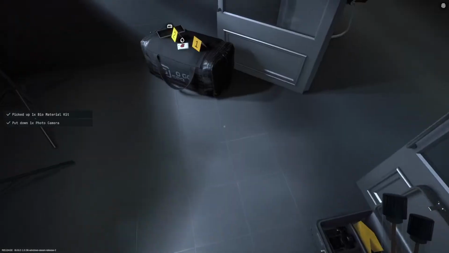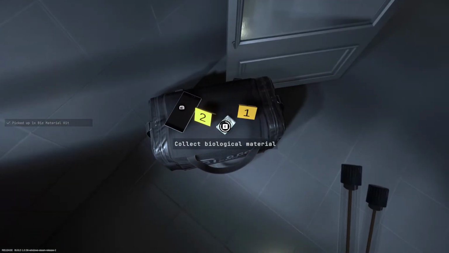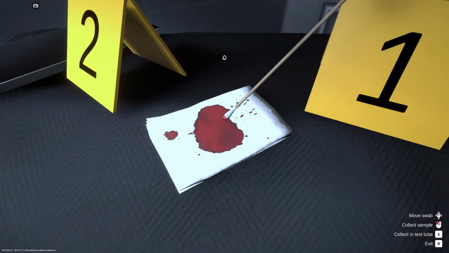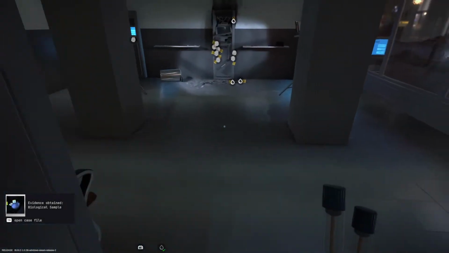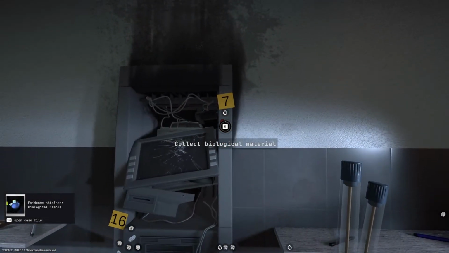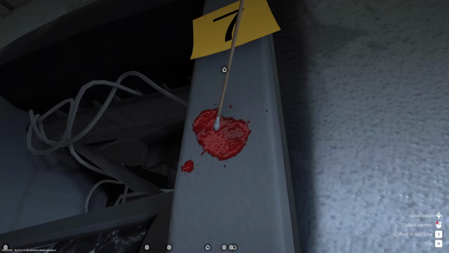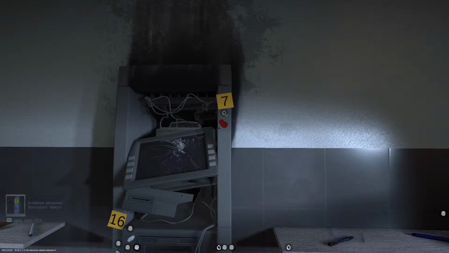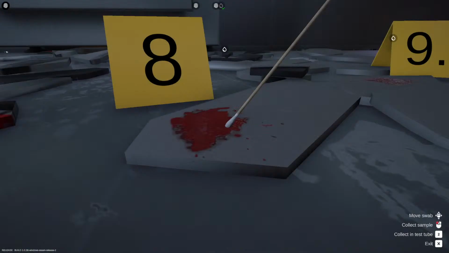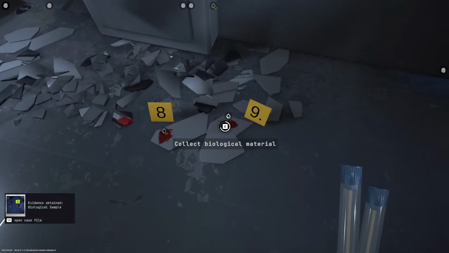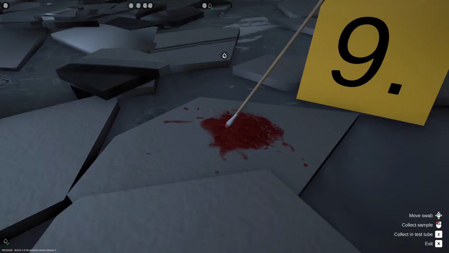Alright, let's get the blood first. Get the blood, then we'll collect all the fingerprints.